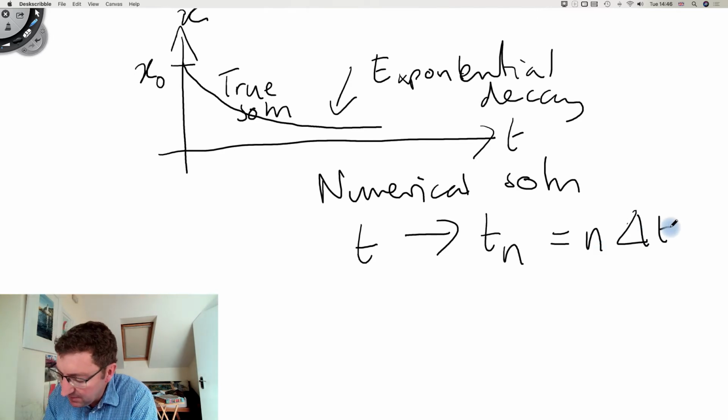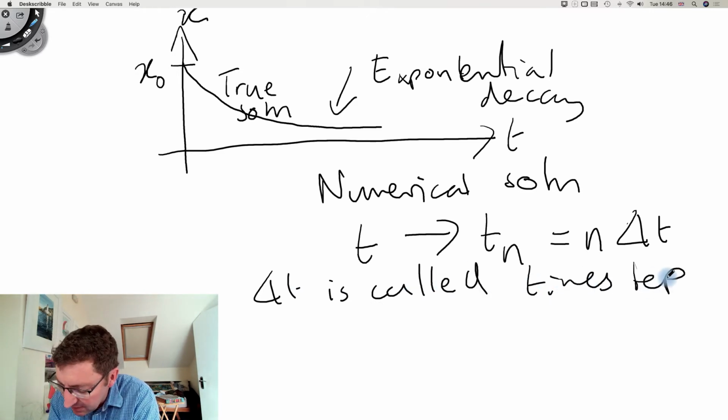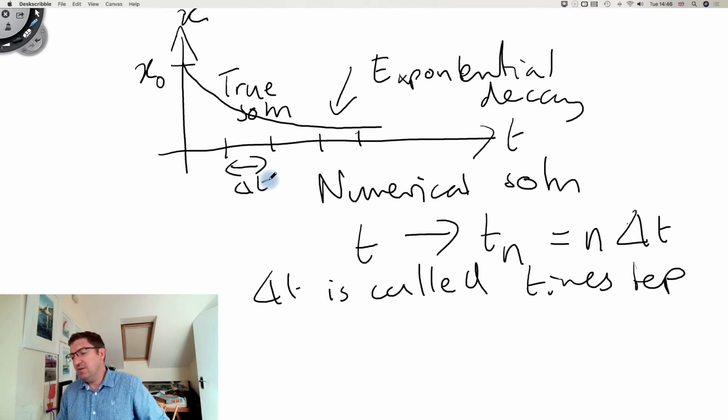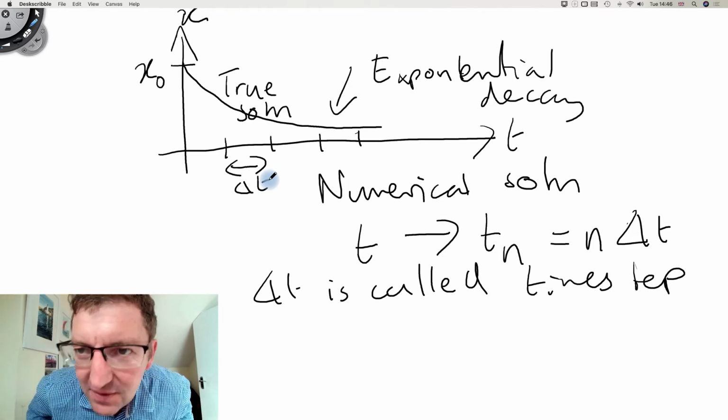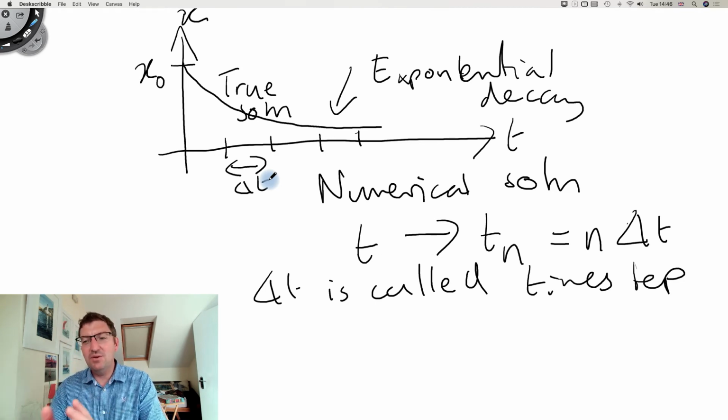The delta t is called the time step, and we're going to basically divide up the time axis like this by chunks of delta t, and it's positive. So delta t is greater than 0, goes without saying. And then we're going to solve this thing numerically. But I'm not going to show you the details of the numerical solution. I'll just show you what it's like when it's numerically stable, and what it's like when it's numerically unstable.